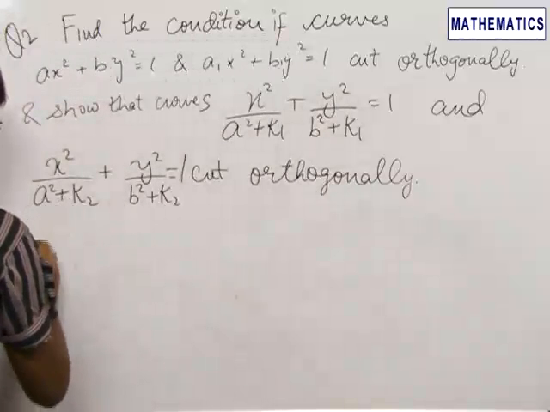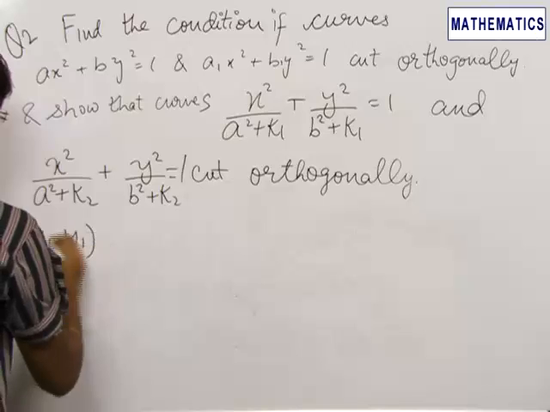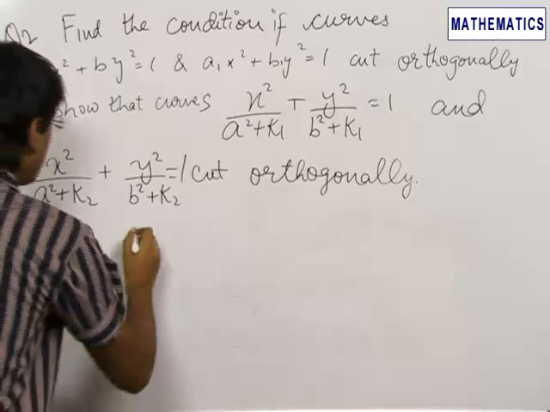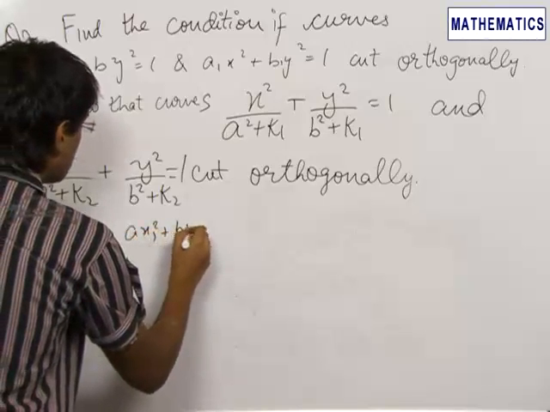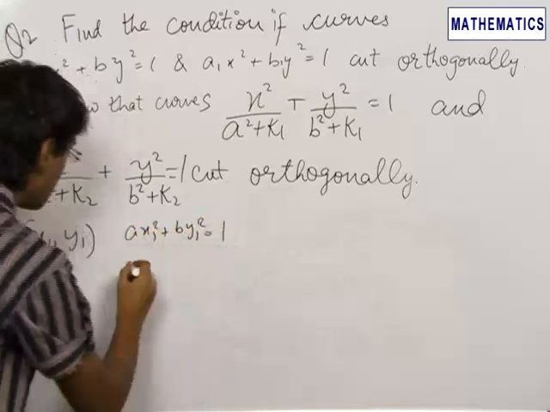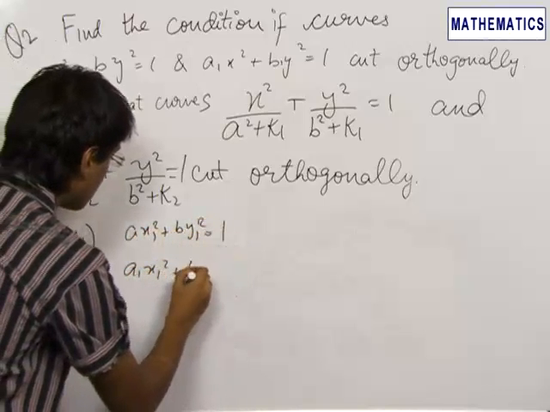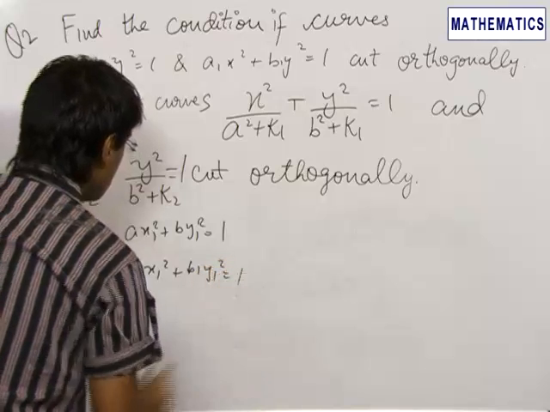First of all, if x1 comma y1 is the point of intersection of both the curves, then we have ax1 square plus by1 square equals 1, a1x1 square plus b1y1 square equals 1.